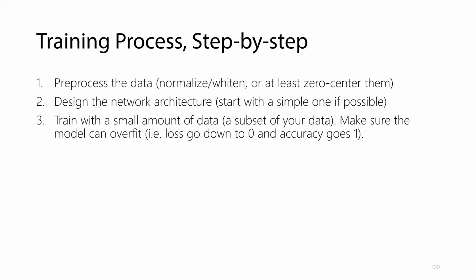See if your model can overfit. And when I say overfit, I mean really overfit: can you push the loss to almost 0, or reach 100% accuracy with that small data set? If you have a small data set, you should be able to do that. If you can, then that's a good sanity check that your model is capable of learning your problem.